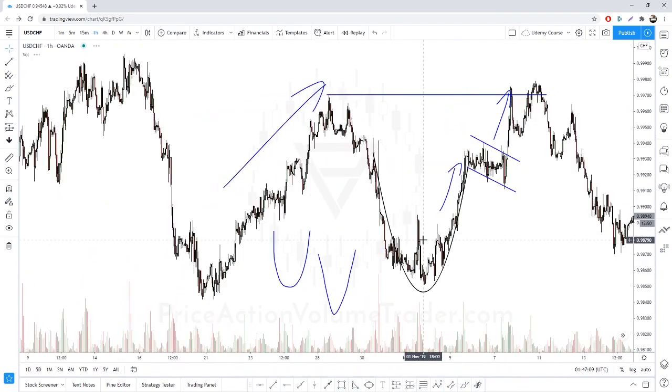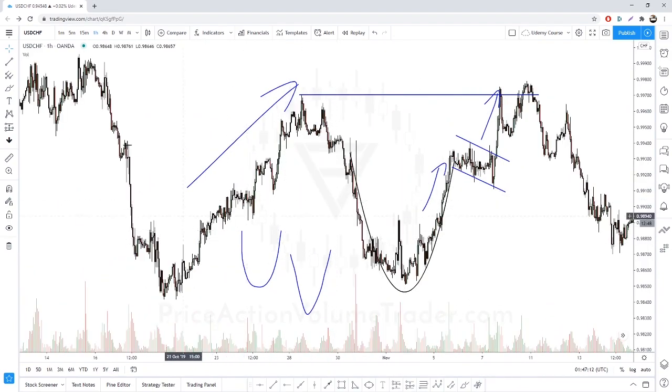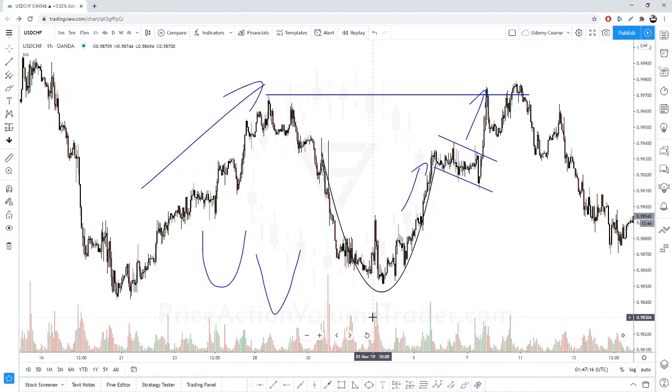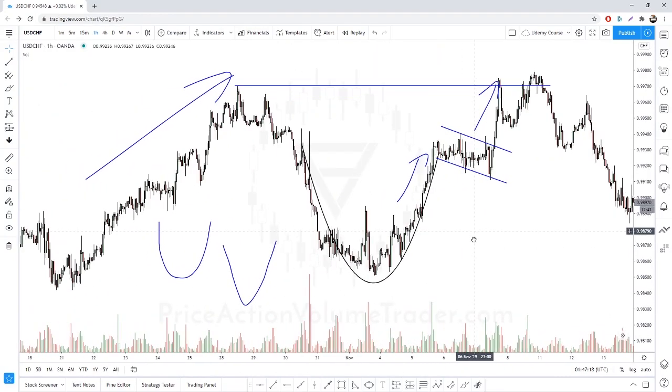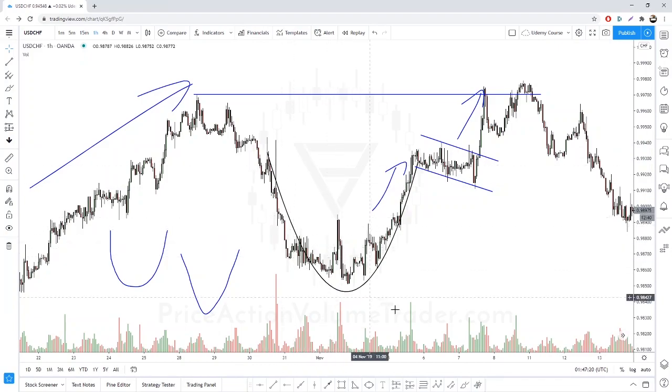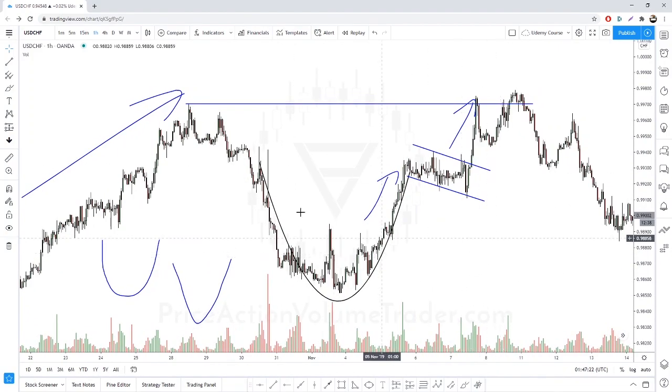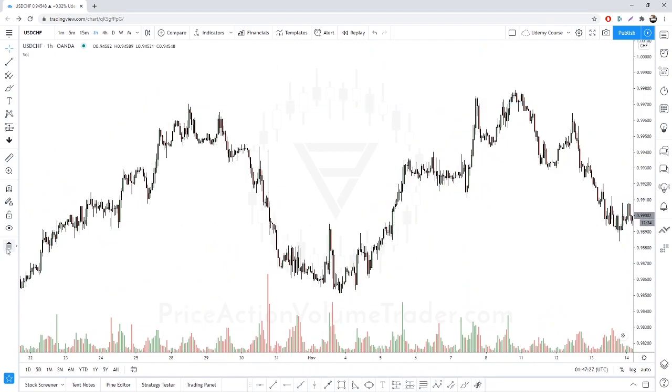It's not always, as you can see here, that it happens at the bottom of a downtrend, but normally when you find this at the bottoms of big down movements, this is a strong pattern signaling that there is a change in structure to the upside.